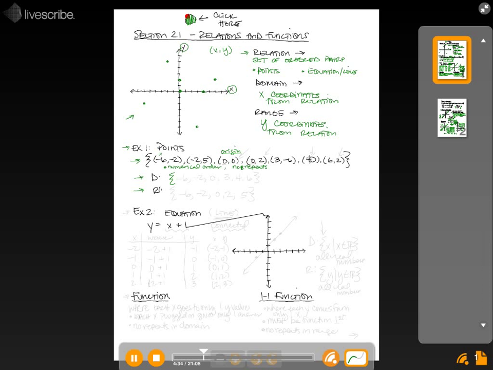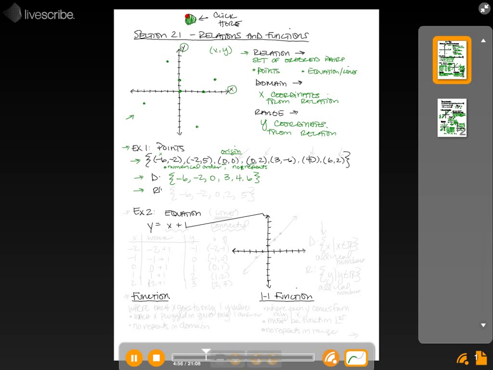Curly bracket. First number we use is -6. Then we use -2. 0, notice 0 gets used twice in two separate points. I'm only going to list it once though. And then 3, 4, and 6. And there would be our domain. That's all we have to do. Range is the same idea.